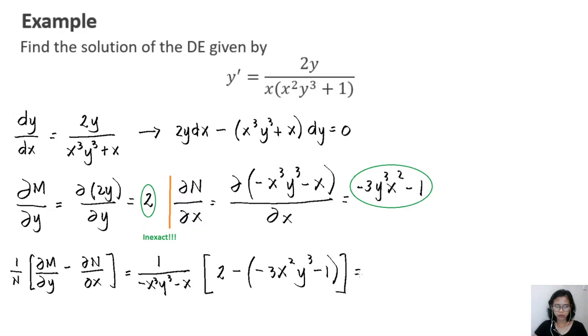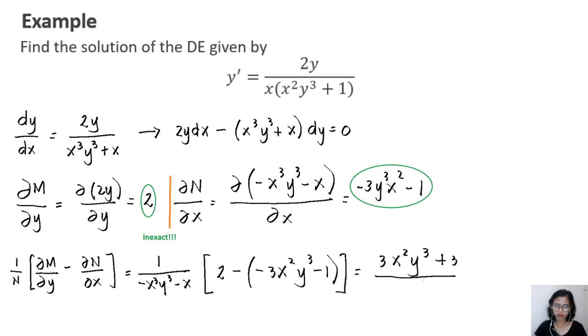That would be equal to 2 minus this one, just simple algebra. So 3x squared y cubed, positive, because negative times negative is positive. The negative times negative 1 would be plus 1. And 2 plus 1 would be plus 3.